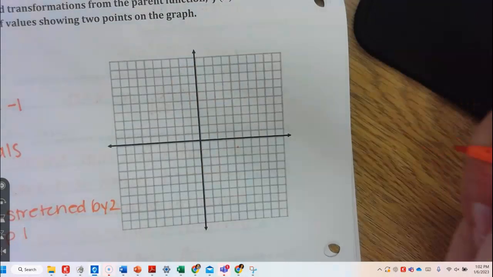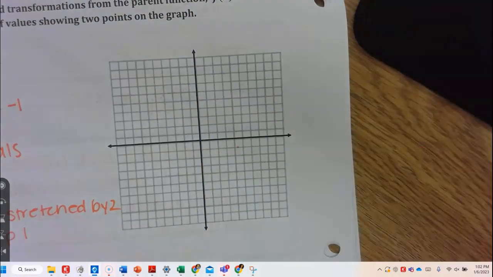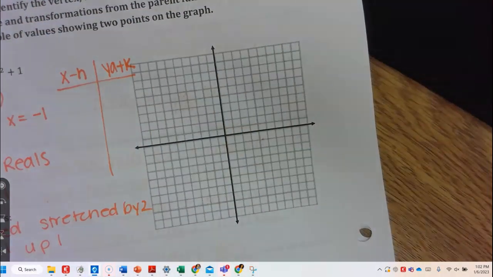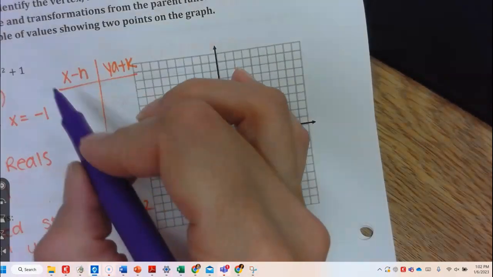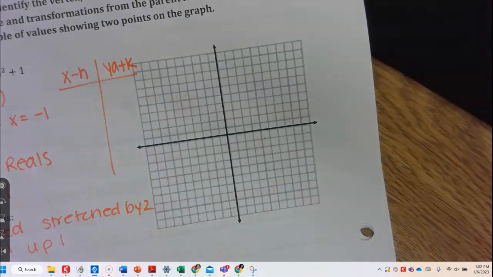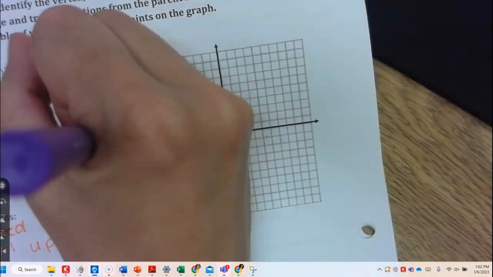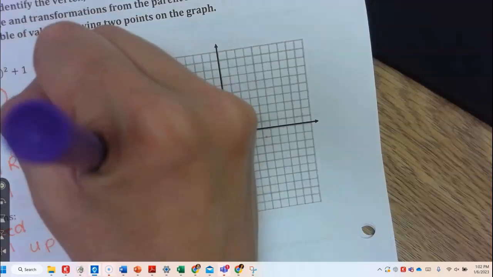Plot your points, and if you like the table, this is when I would construct my table. So it's x minus h, and then y is a times plus k. So 0 minus 1 is -1. 1 minus 1 is 0. 2 minus 1 is 1.